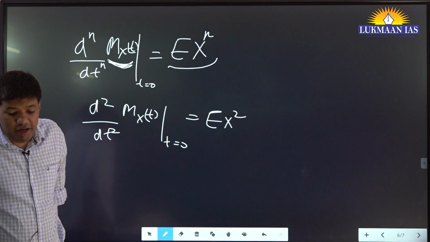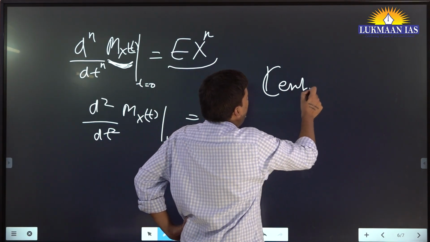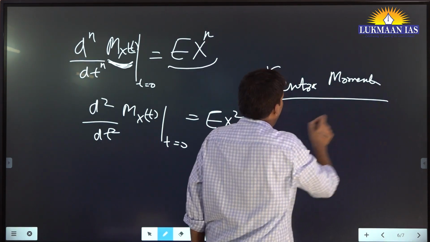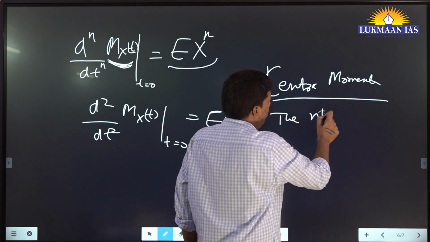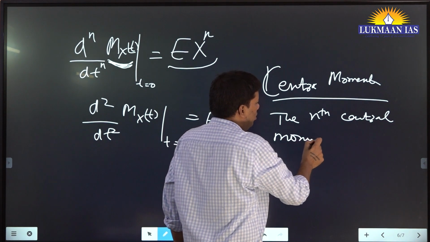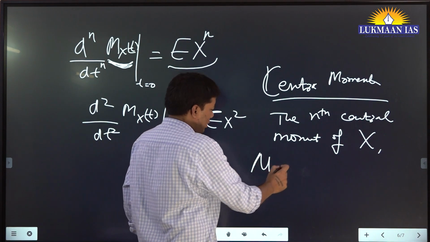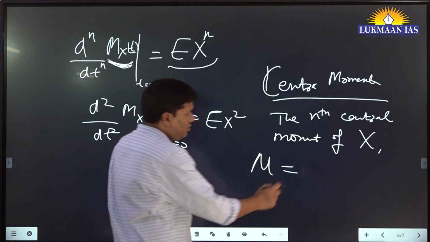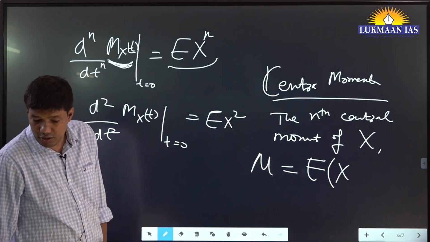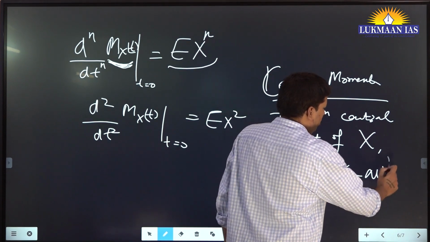Please write the nth central moment of X, the random variable. It's given by, let's say we are denoting it by mu_n, E[(X minus mu) to the power n].